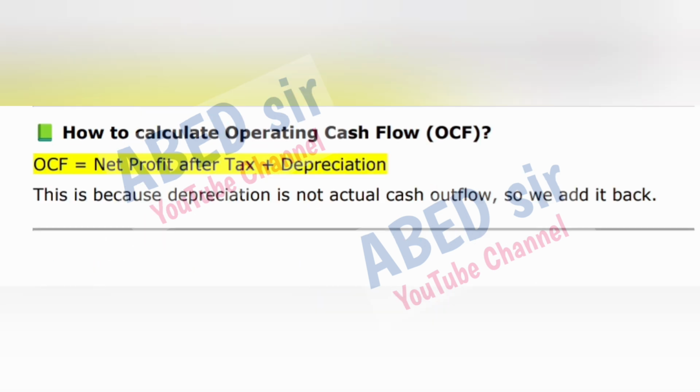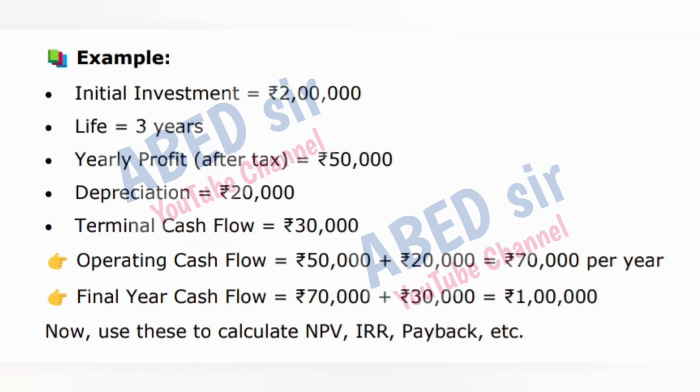How to calculate operating cash flow, OCF? OCF is equal to net profit after tax plus depreciation. This is because depreciation is not an actual cash outflow, so we add it back. Example, initial investment is 2 lakh rupees. Life is 3 years. Yearly profit after tax is 50,000 rupees.